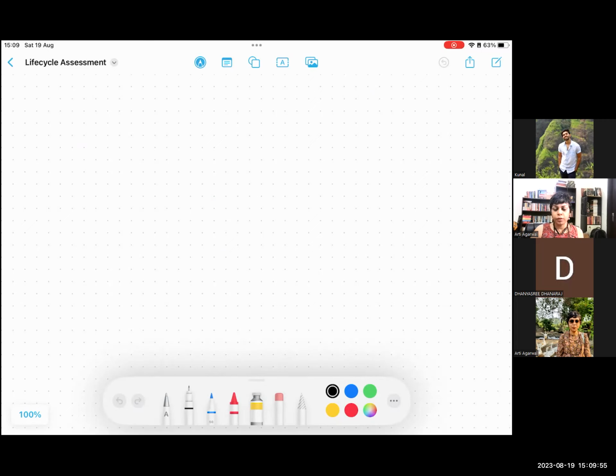You're telling me the steps for what? Life cycle assessment. What you're telling me is not actually steps for life cycle assessment. What you're telling me is steps for manufacturing of a product, the product's life cycle. They're stages in a product's life cycle. They're two different things.